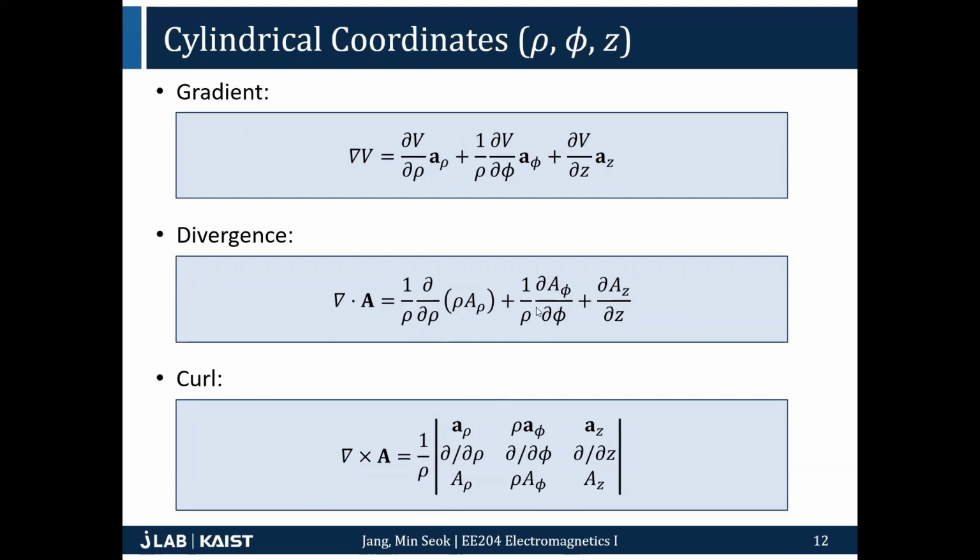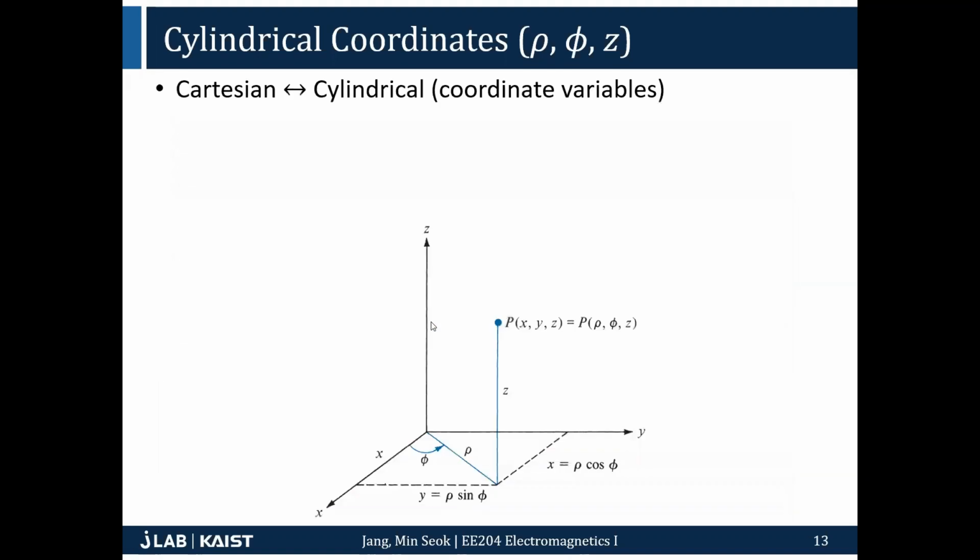Sometimes there's a denominator, sometimes there's nothing. So it's very complicated. And similar here. I think it's difficult to memorize. And that's why I try to explain why this is the case, using generalized coordinate systems.